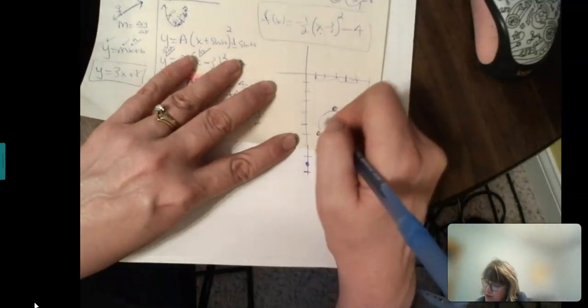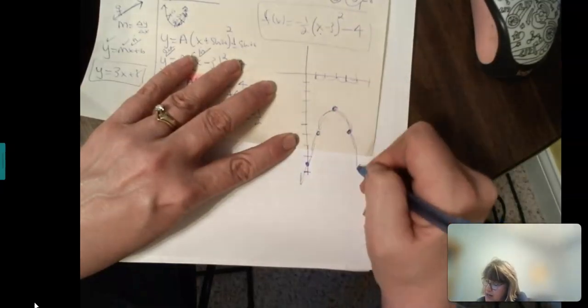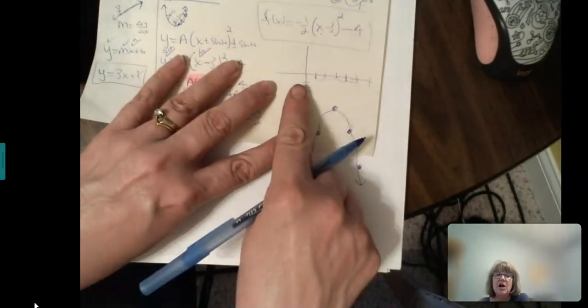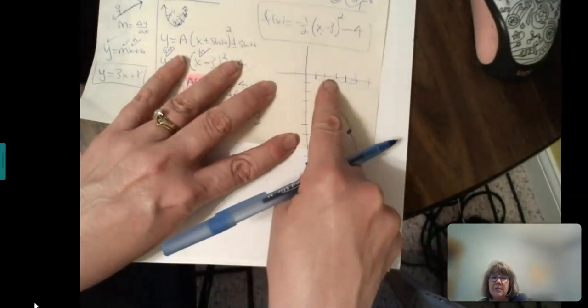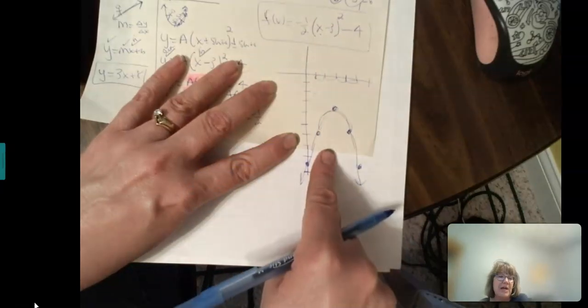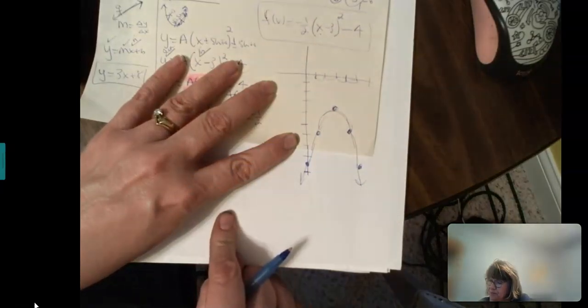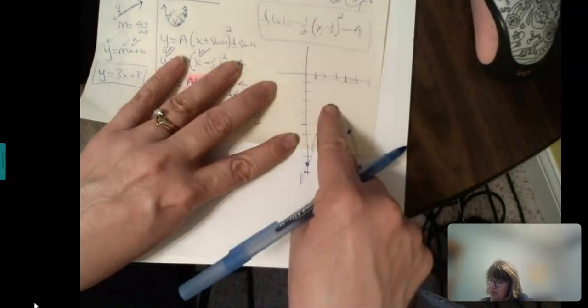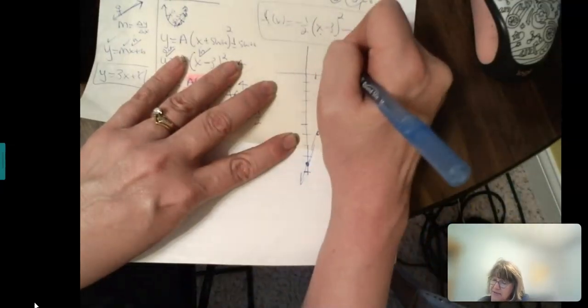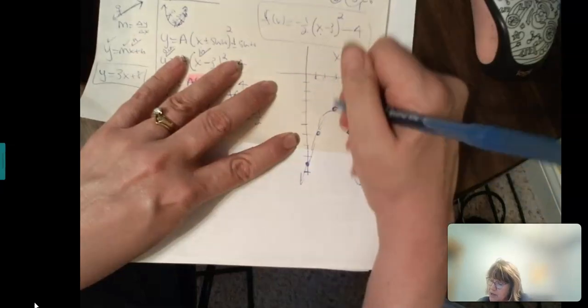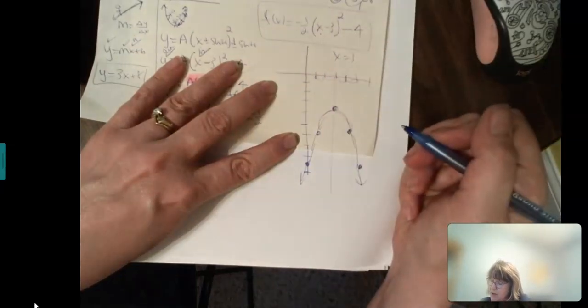But again, if that whole symmetry thing you don't like, you can always sub an input into the formula and get the output, and you don't have to do it yourself. We know the axis of symmetry would be x equals 3 because that's where it's symmetrical around.